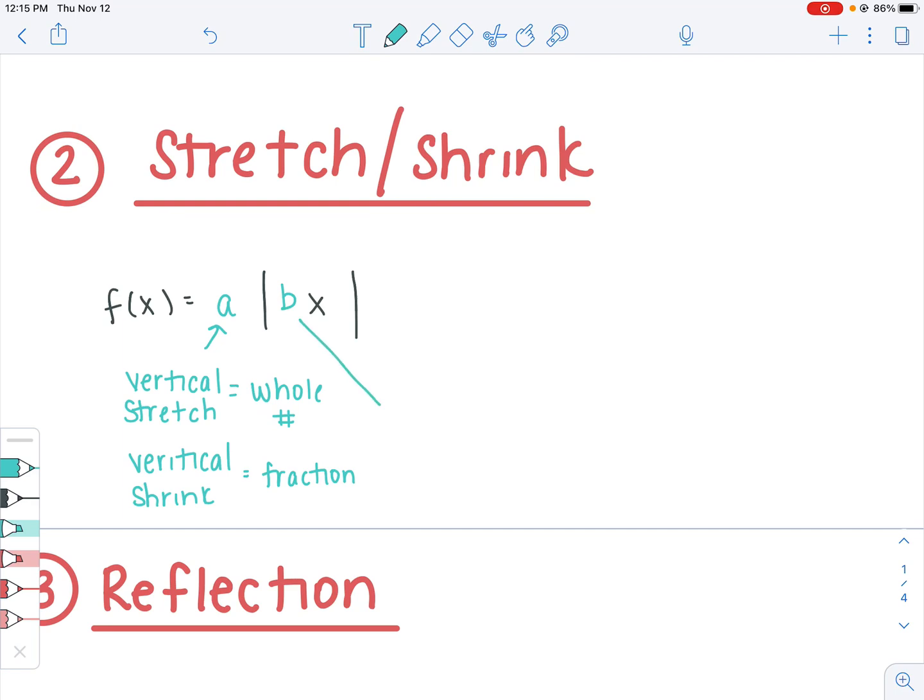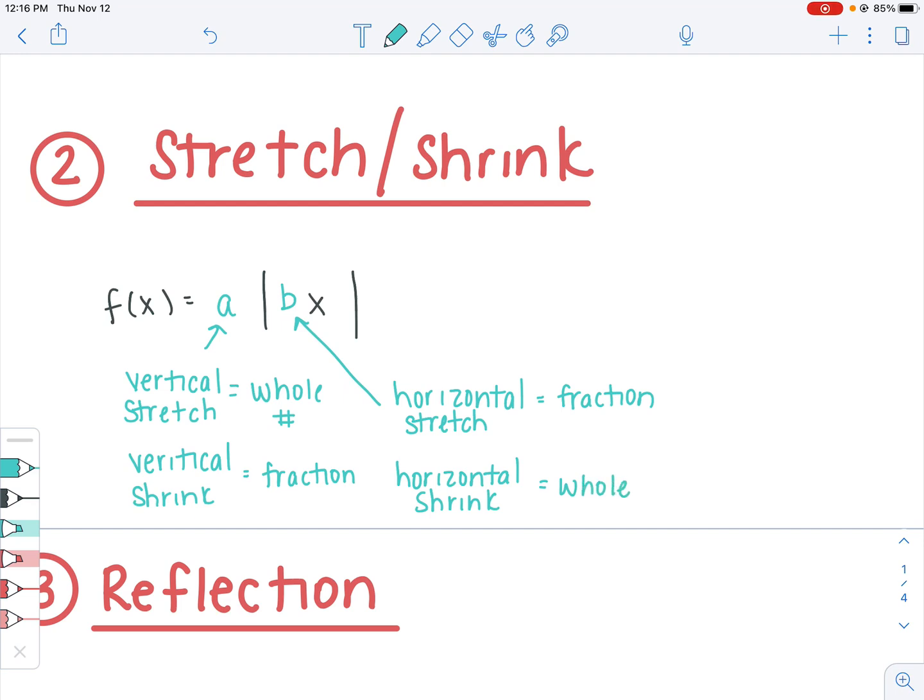If you have the number multiplying inside the parent function, then it's a horizontal stretch or shrink. And it'll be a horizontal stretch when you have a fraction and a horizontal shrink when you have a whole number. So they're opposites of each other.